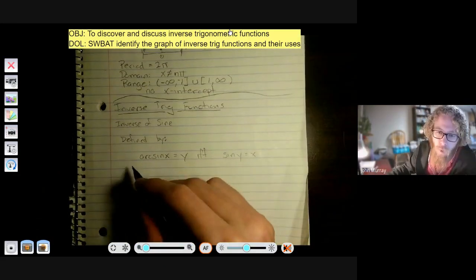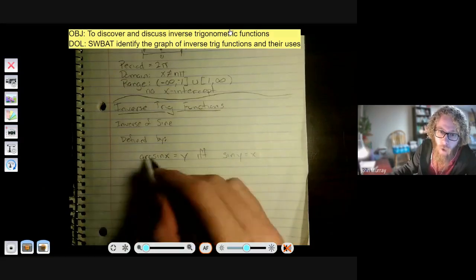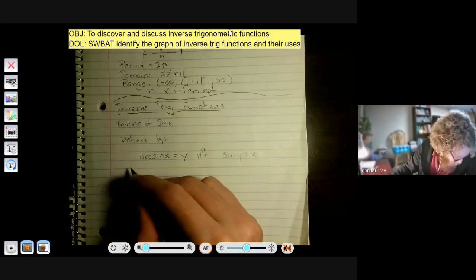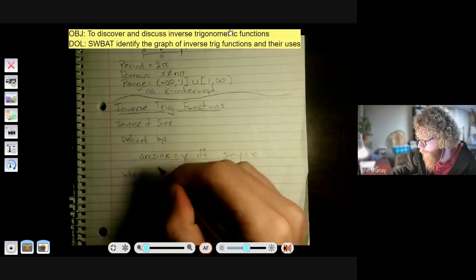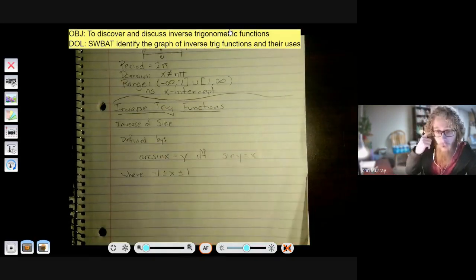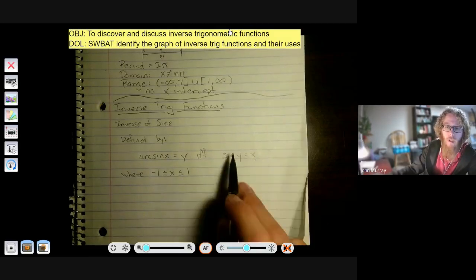Right? So we do have some restrictions. So here my x is here. So for arc sine, I have a restriction on the x's, which is the restrictions on my sine.